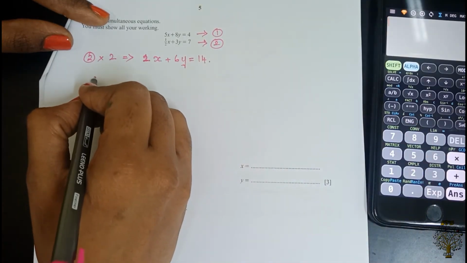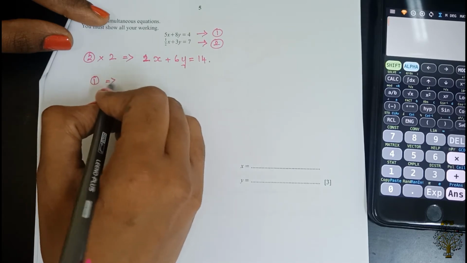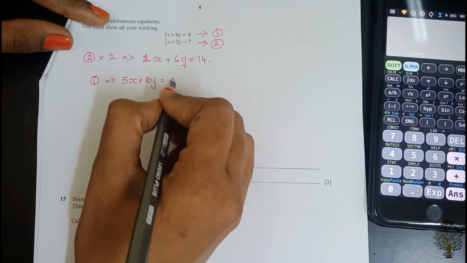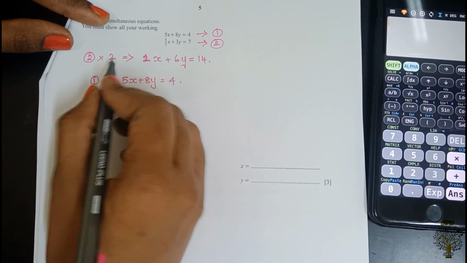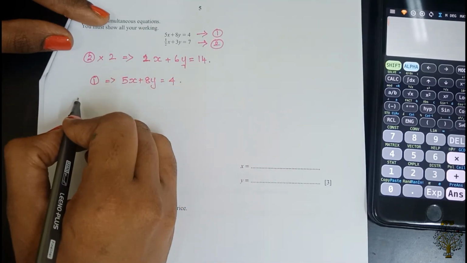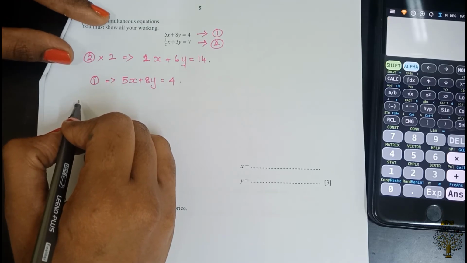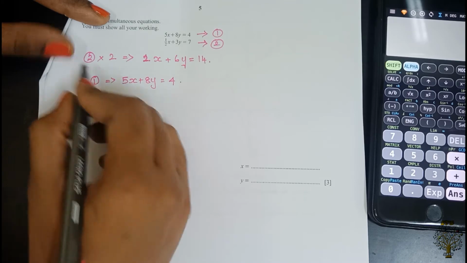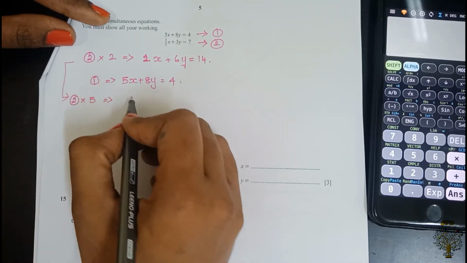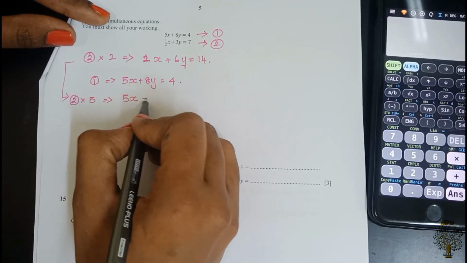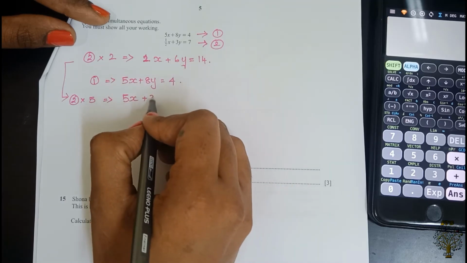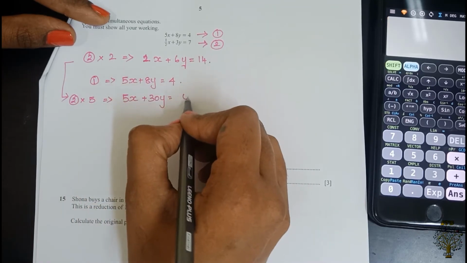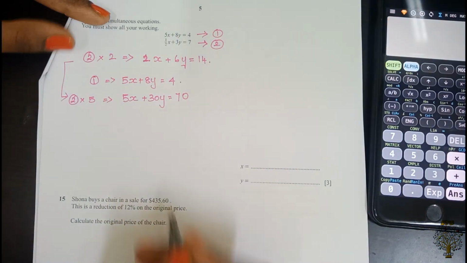Now first equation I'll write as such: 5x plus 8y is equal to 4. Second equation, the new equation I'm taking, and I'm just multiplying that with 5. That gives us 5x plus 5 times of 6 is 30y. 5 times of 14 is 70.